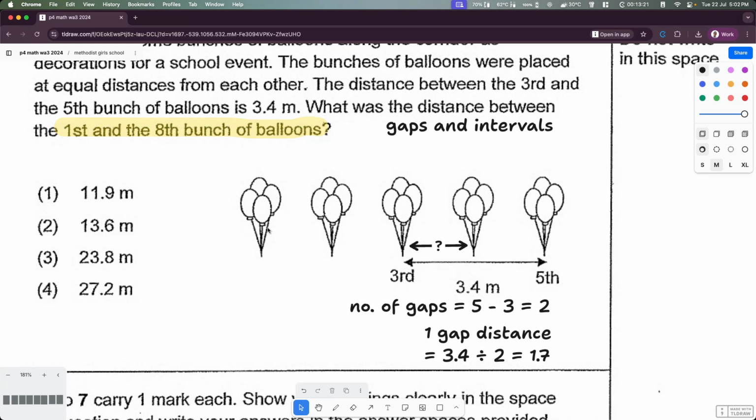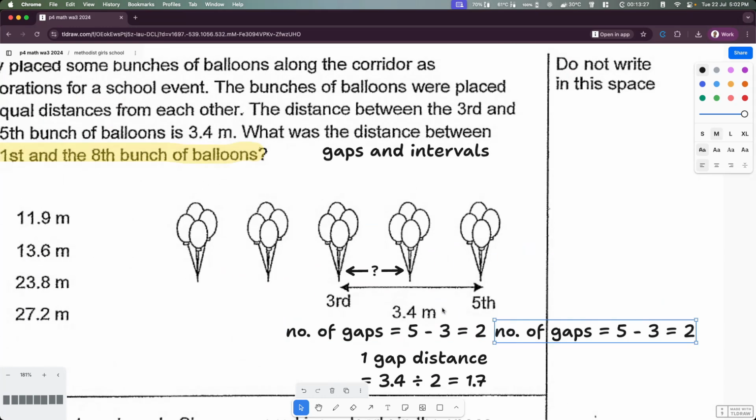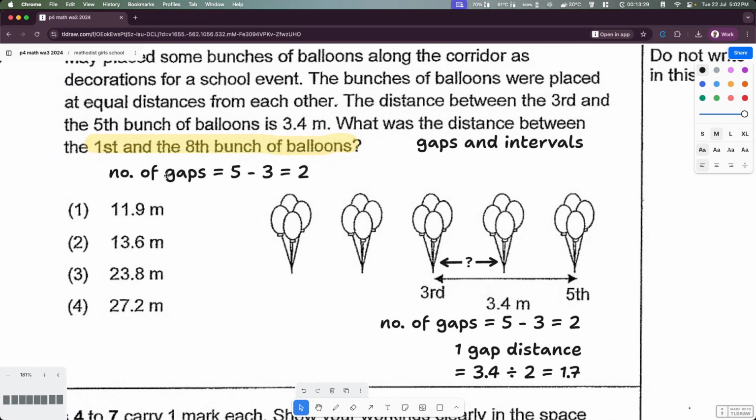So now we know that we just subtract the positions from each other. The number of gaps between 1 and 8 is the higher number minus the lower number, which is 7.